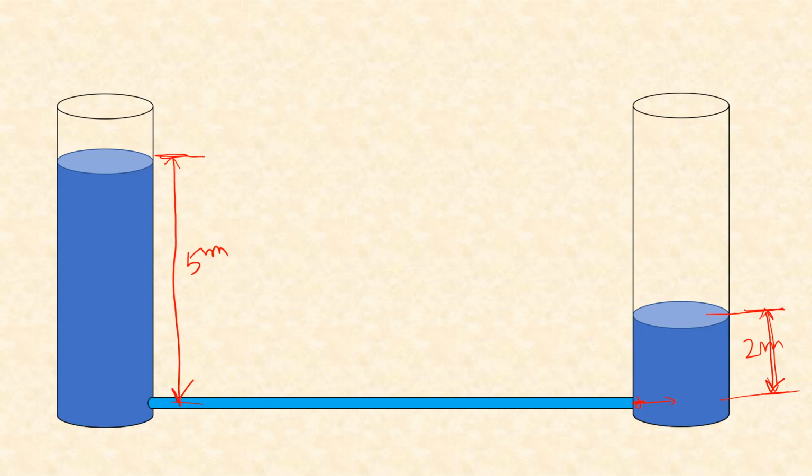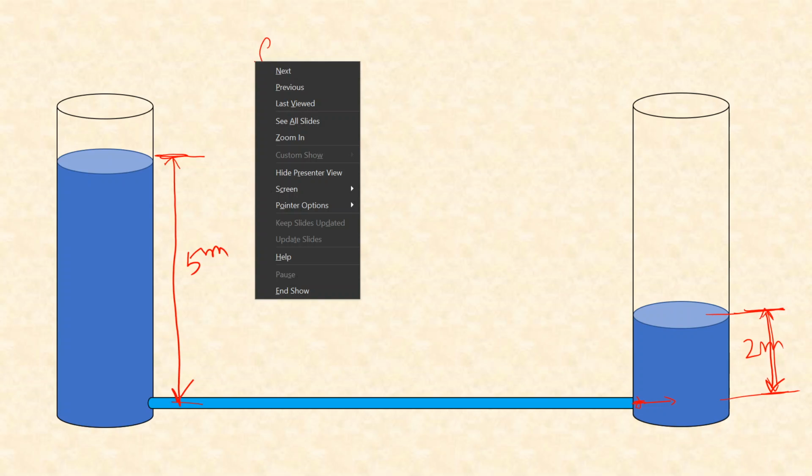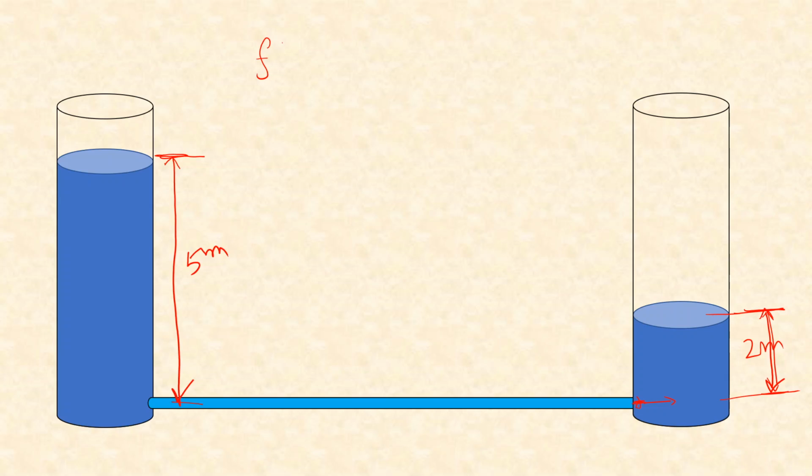Now the formula that we have derived was fLV square divided by 2gD, which equals the head loss due to friction in this pipe.